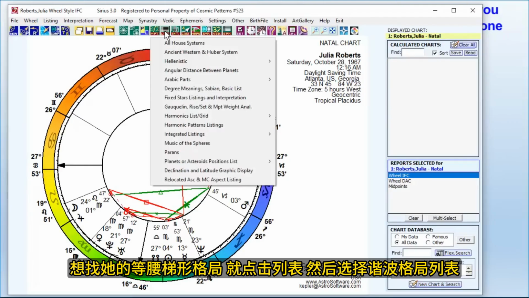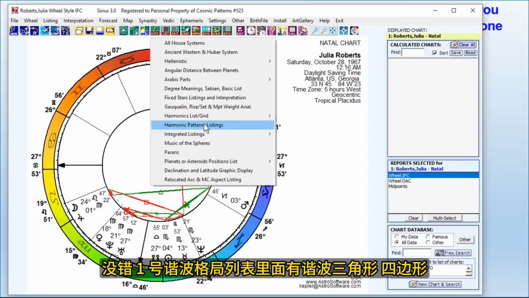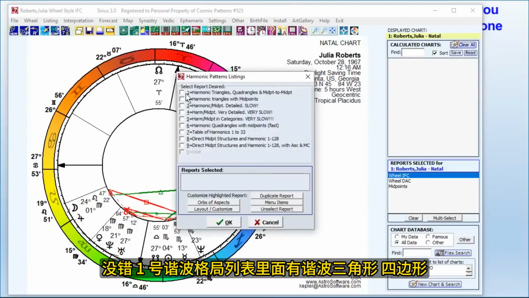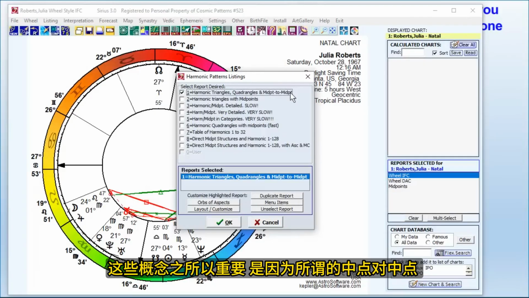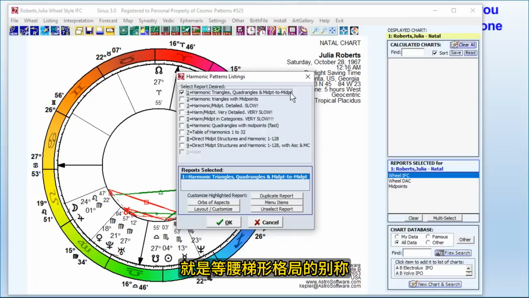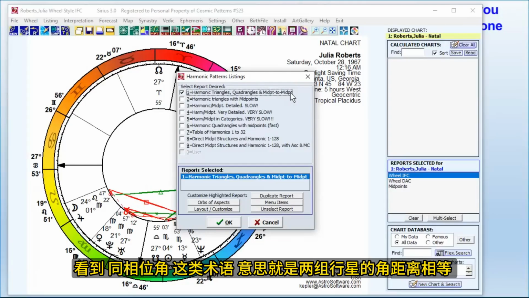I can go to listings, harmonic patterns listings here, and then number 1. Harmonic triangles, quadrangles, midpoint to midpoint. That's why it's so important to know this. If you see midpoint to midpoint, that means isotrap. It's another word for isotrap.